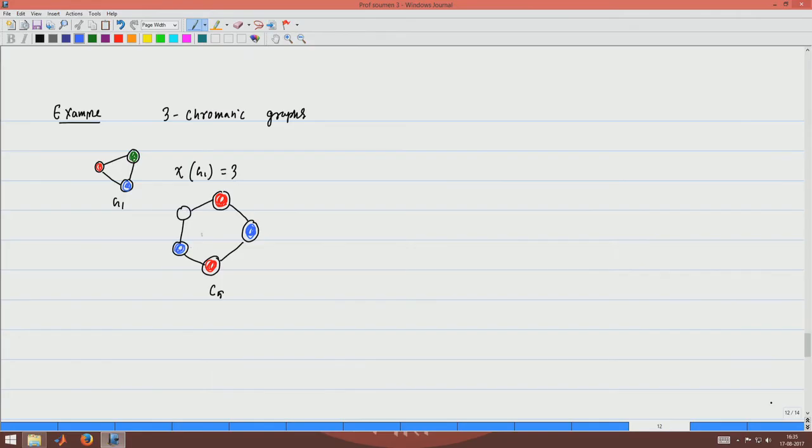But for this node, now you can't use red or blue, you have to use a third color, some other color, green. So, the cycle of length 5 has chromatic number 3.